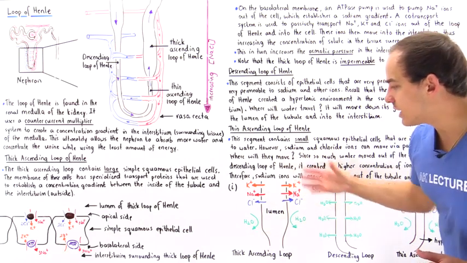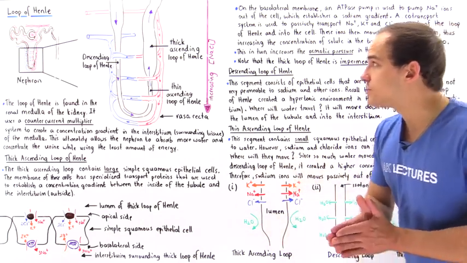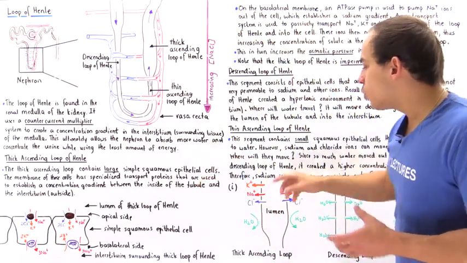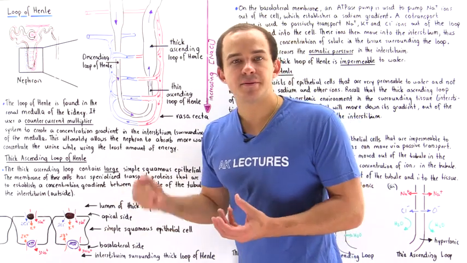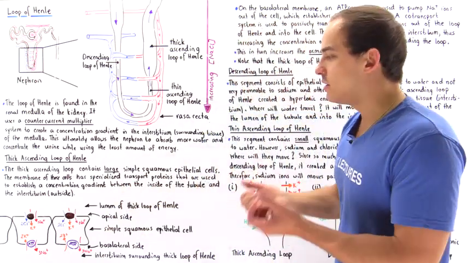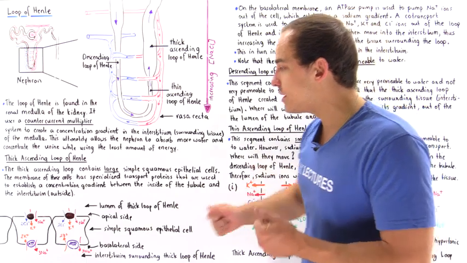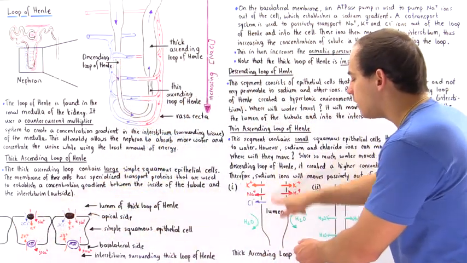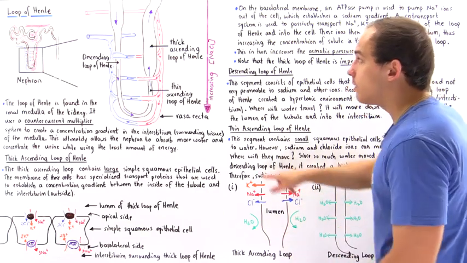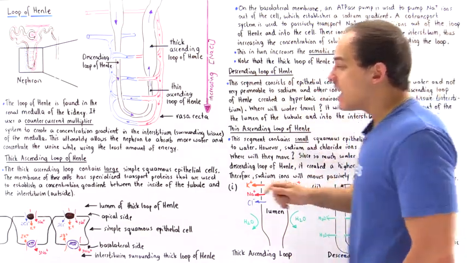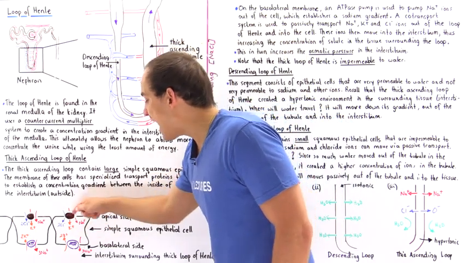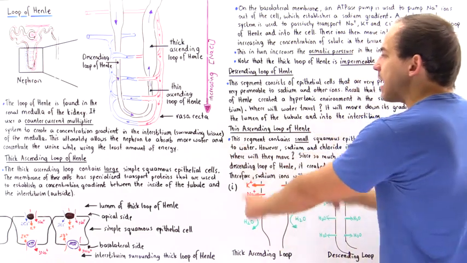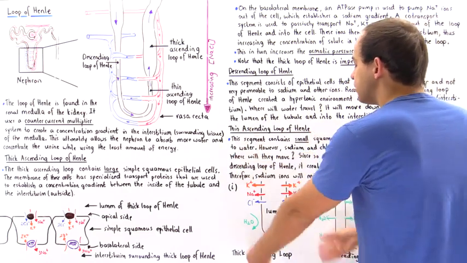So let's take a look at the following diagram, which summarizes what takes place within the thick ascending loop of Henle. What it does is it uses ATP to establish an electrochemical gradient that allows the movement of sodium, potassium, and chloride from the lumen of our thick ascending loop of Henle into these cells and eventually out of the basolateral side and into the interstitium, into the surrounding tissue.